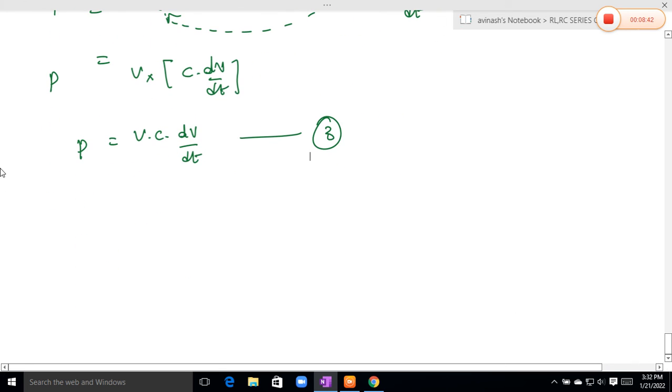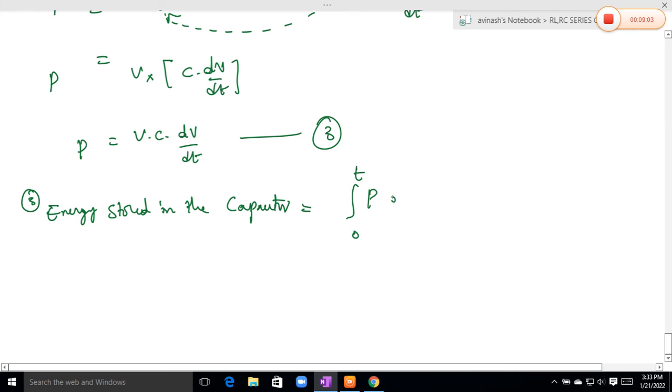Now we need to find the value of energy, no? So power, then followed by the third case, energy stored in the capacitor. As I already said, energy is nothing but integration of power over a period of time, integral of P dt. Let us call this equation 4. Substitute equation 3 in 4.